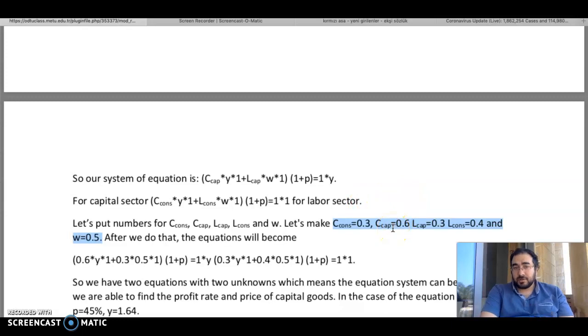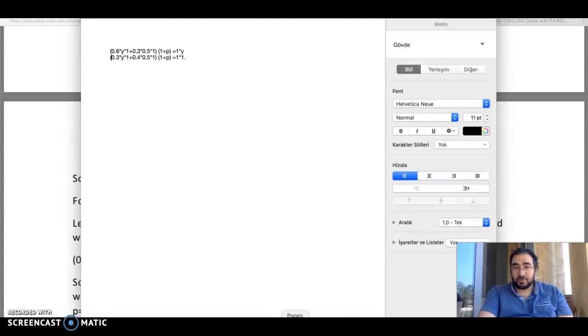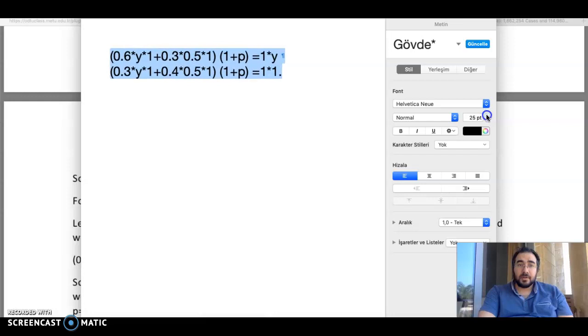This is your lecture, so you can review it. One other thing: I should push enter there, because these are two different equations after y. To prevent confusion, I have reproduced them here as two different equations. Let me make them a little bit larger.